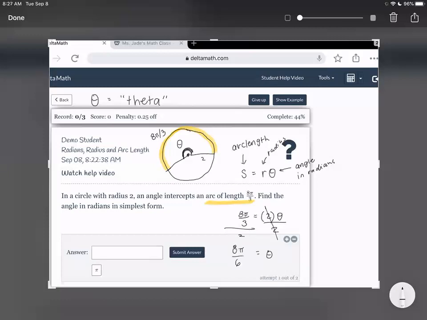And then we need to simplify this by canceling out the 2 from each of these. So dividing by 2 on the top, dividing by 2 on the bottom. This gives us 4 pi over 3. So to simplify this, I divided by 2 on both the top and bottom, and we got 4 pi over 3. Do you have questions on this one?